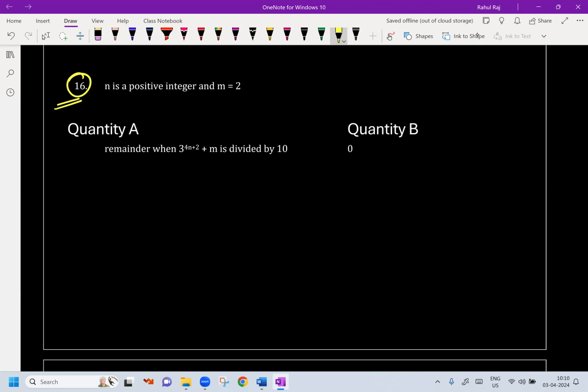M is 3 to the power 4n plus 2 plus 7. They are asking, if n is a given positive integer, M is 2. They've given you M as 2 here, so you can just add that 2 there.